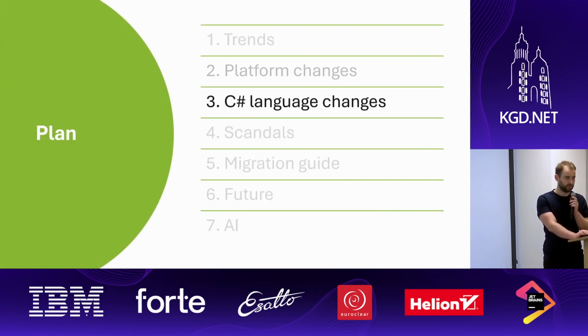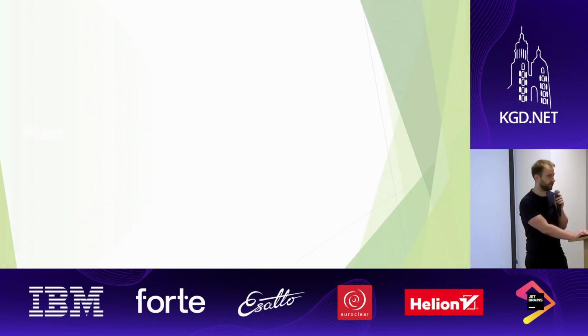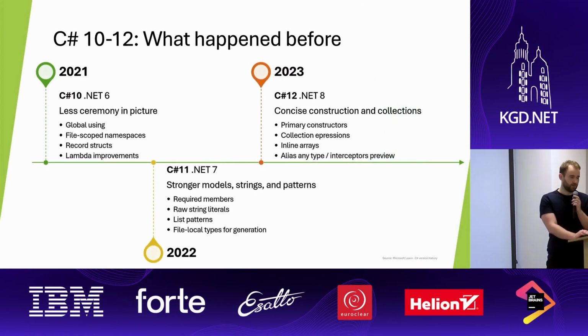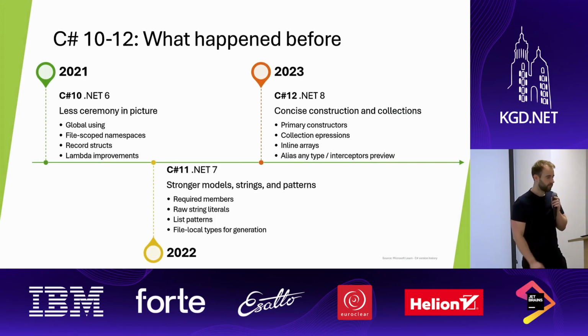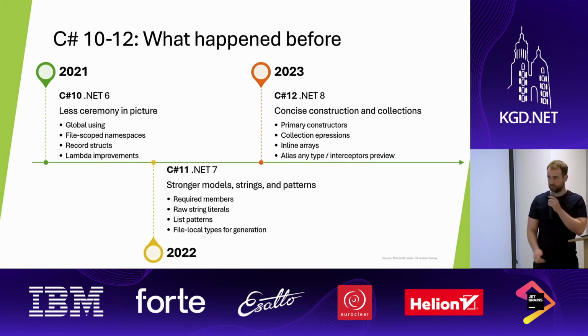We are going to see what we have in C#. Here I will talk a bit about what happened before. So you see some summaries of what happened. So we have, they call it less ceremony, they call it concise construction.